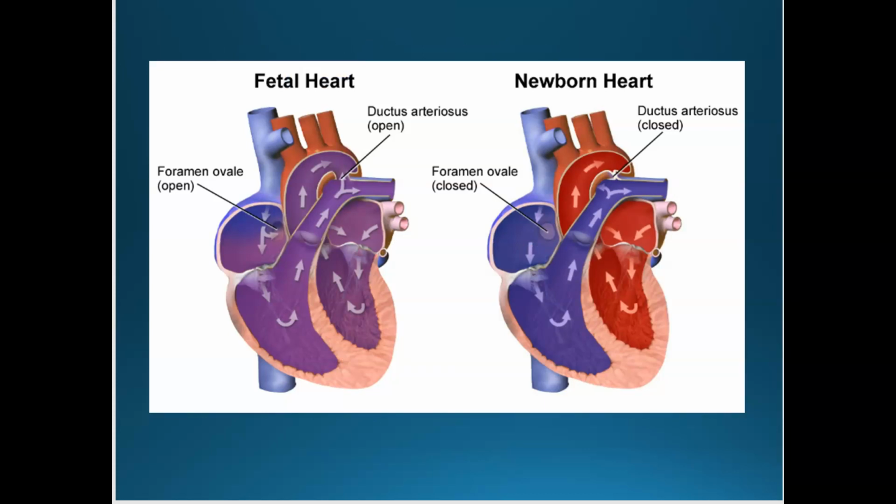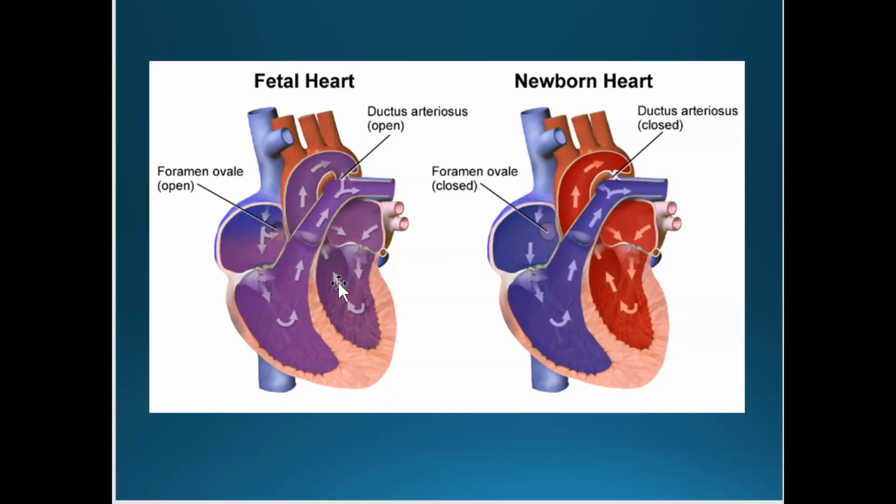With this being said, we have these holes that we know are going to close. It can take up to 18 to 24 hours for these changes to fully occur after birth. When we assess a newborn immediately after birth or within the first 24 hours of birth, if we hear a murmur when we auscultate the heart, this could be the reason.